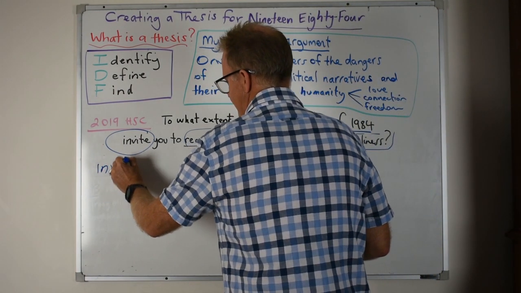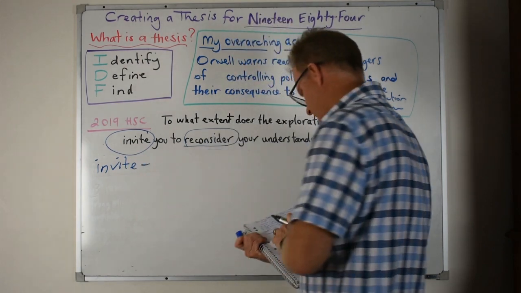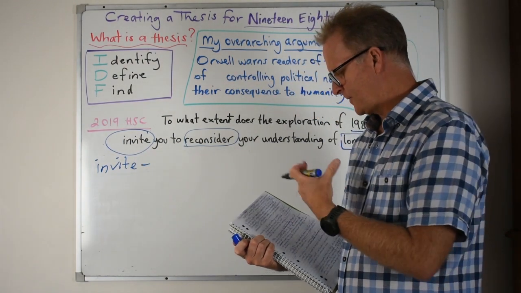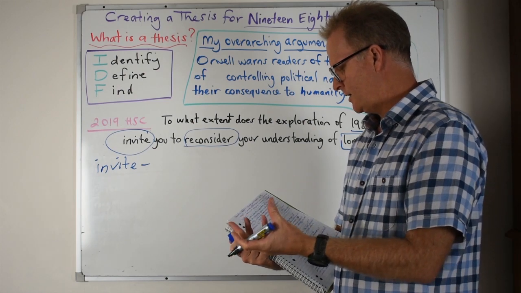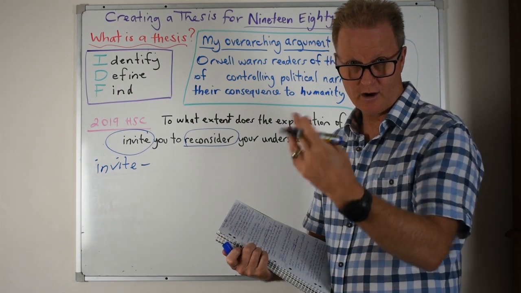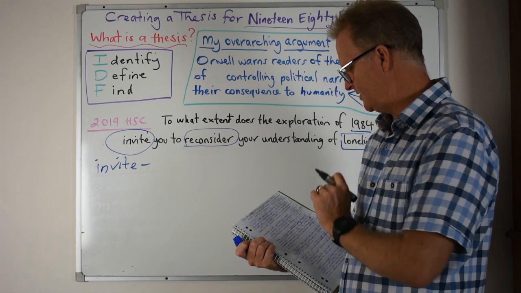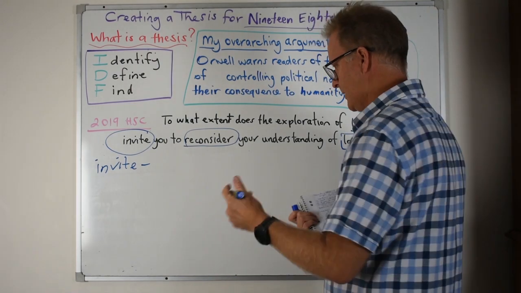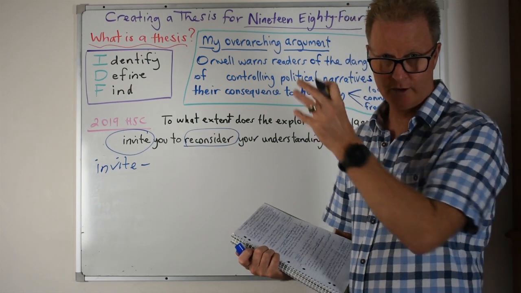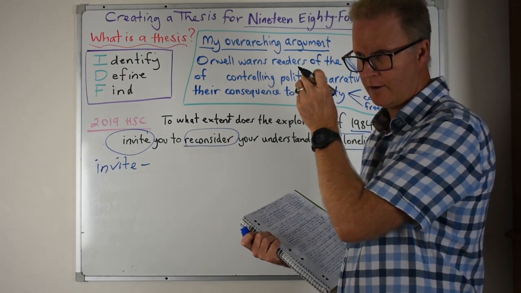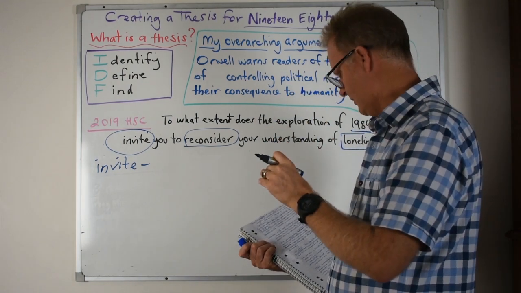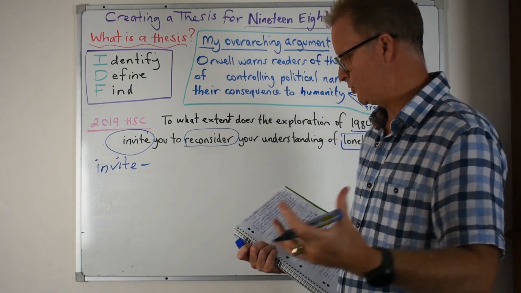So if we start with 'invite', basically I think it's saying that 1984 welcomes, encourages, invites readers into an exaggerated world, and he shares that story. The story of Oceania and Winston Smith is a representation of Orwell's world.